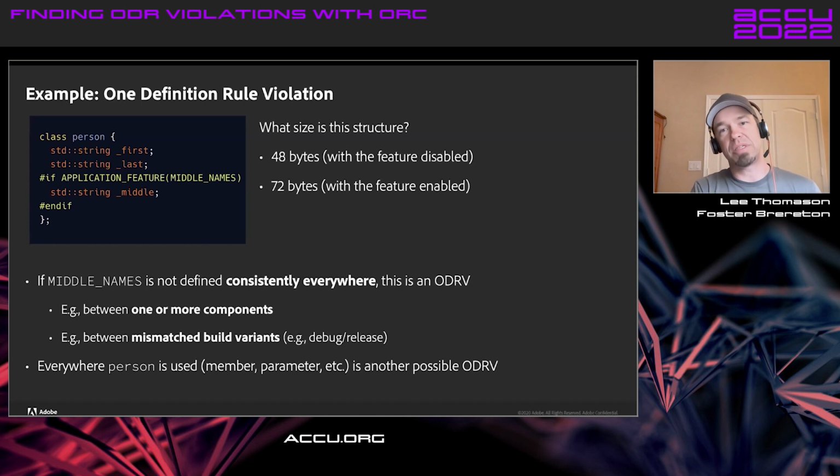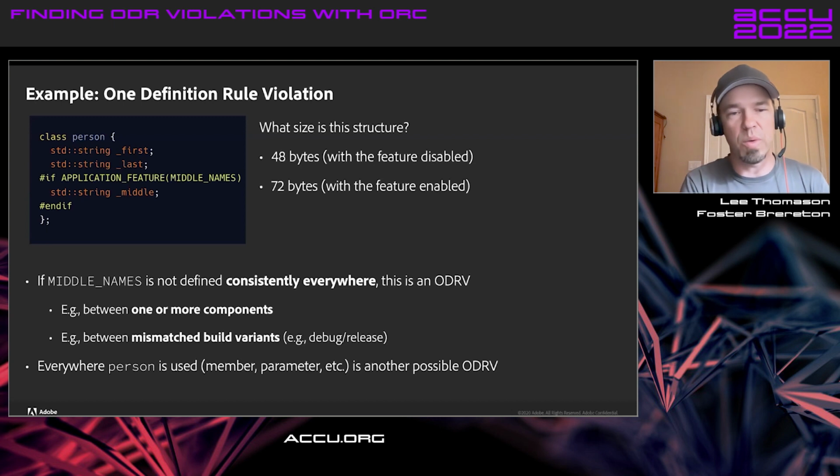The problem is that depending on how you define the feature right in the middle of that data structure, it could either be 48 bytes in size, or if the feature is enabled, it's going to be 72 bytes in size. If the middle names feature is not defined consistently everywhere, you have introduced an ODR violation into your code.